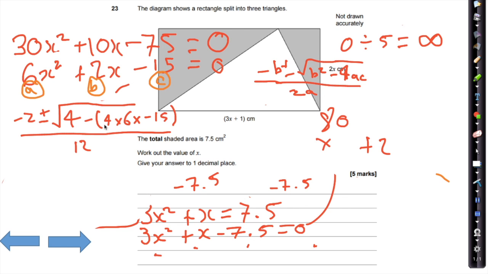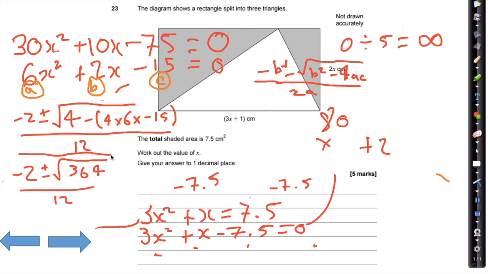So 4 times negative 15 is going to be 60, and 60 times 6 is going to be 360. But as this was all a negative, because we got one negative in the multiplication, that's going to be minus 360. So 4 minus 360 is going to be the square root of 364, all divided by 12.